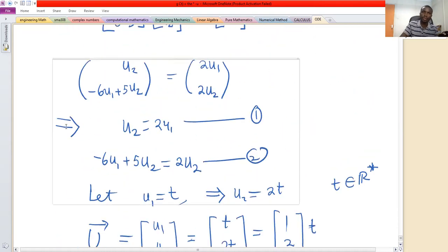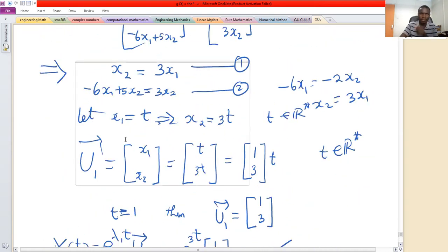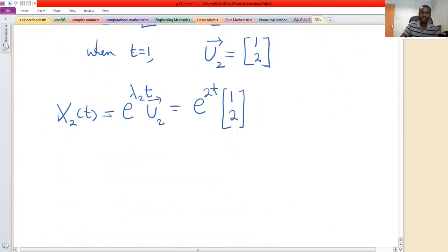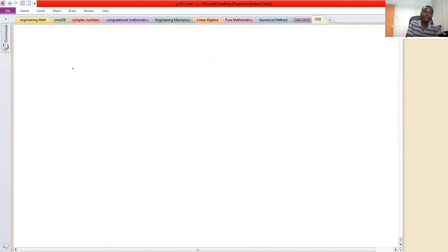By the superposition principle, we know that the solution to the system is given by x of t, a linear combination of x1 of t and x2 of t.